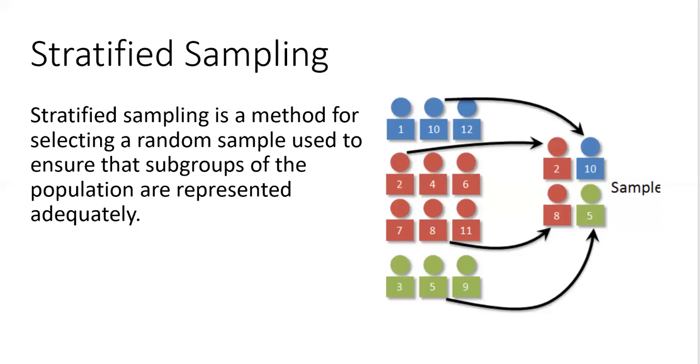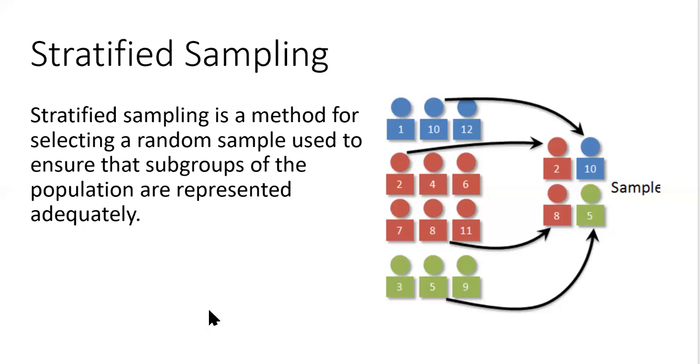Another example is if we look at college students, let's say students of Mesa College, they're naturally divided into different majors. So we could select a certain number of students from each major proportionally.